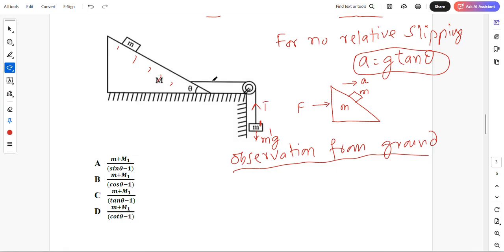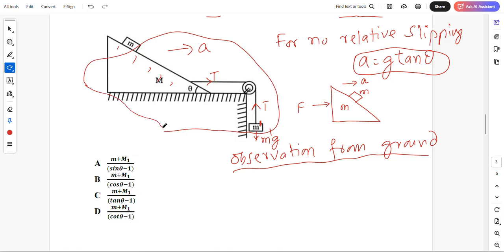Tension will be there here and tension will be there here. Acceleration is towards the right side. Now, if I take this as the system boundary, the driving force is M dash g, the opposing force is nothing, equal to total mass, which is M plus small m plus M dash, into a.